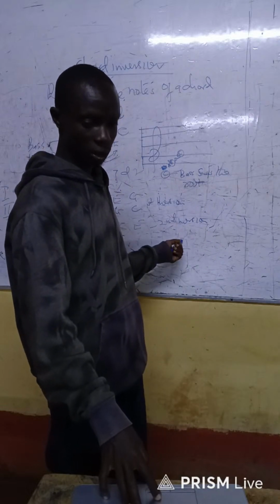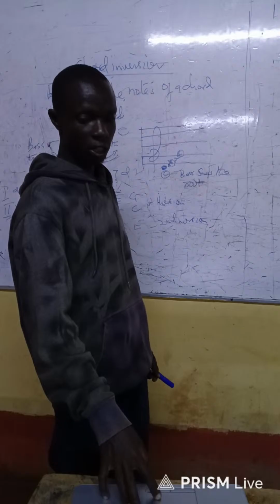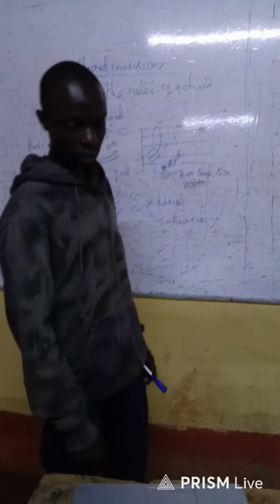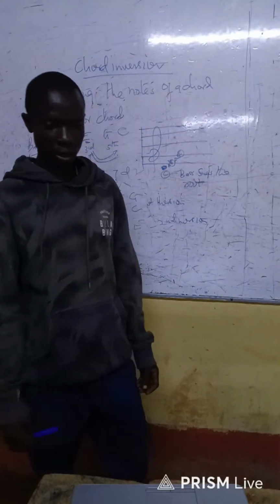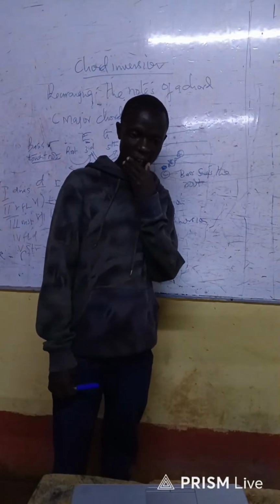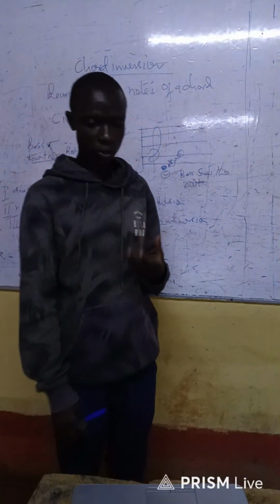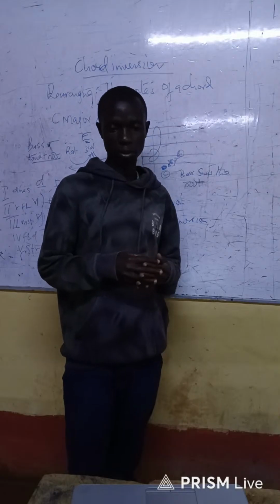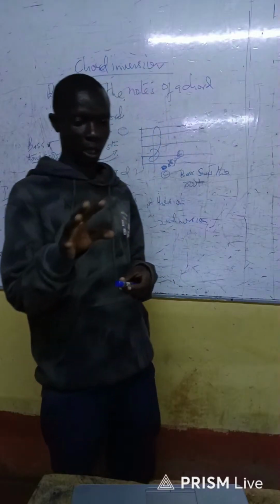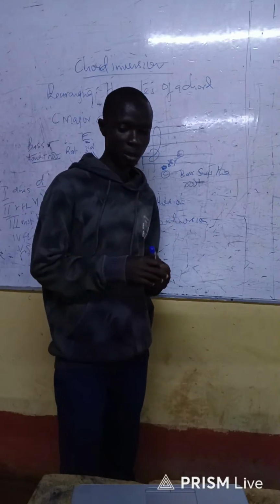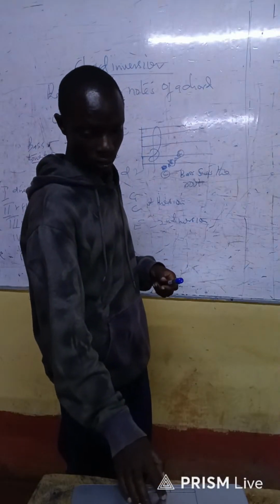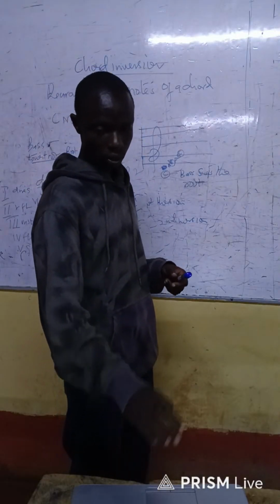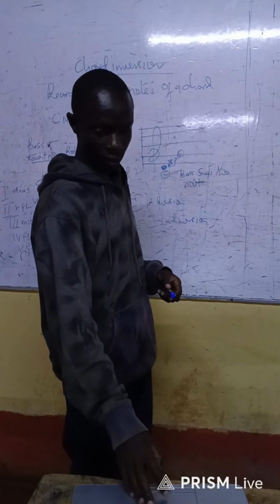Why do we use these inversions in music? Important. Clearly, these inversions are very important because they give us a smooth hand movement, whereby we are not going to jump from one part to the other.